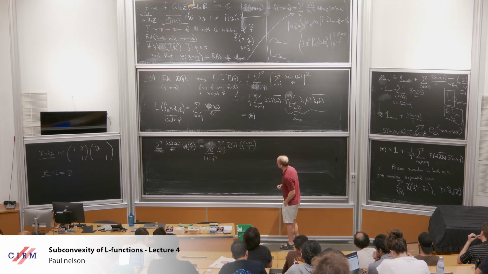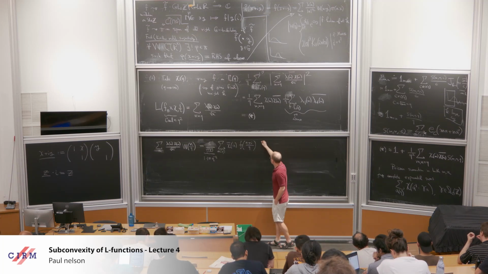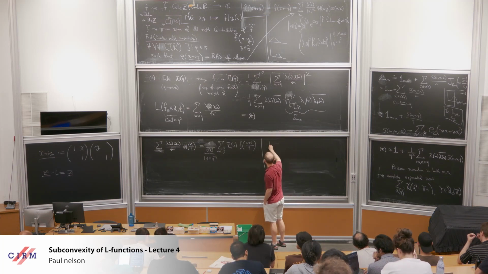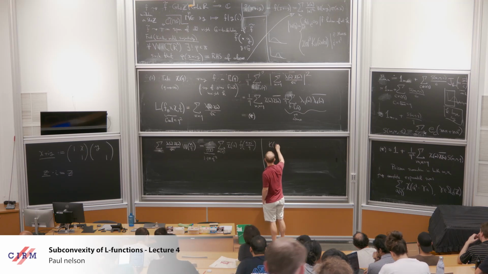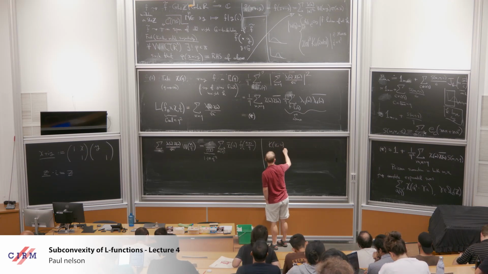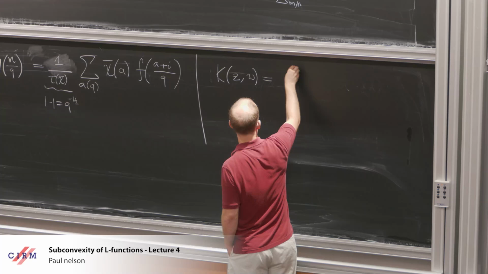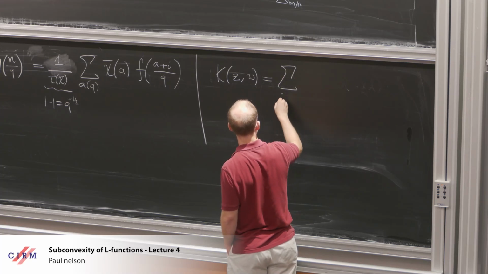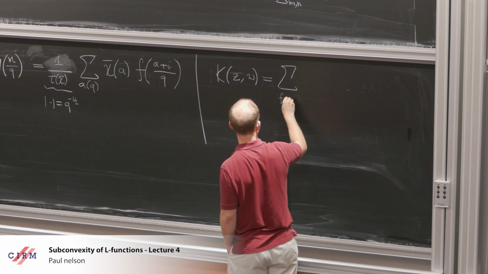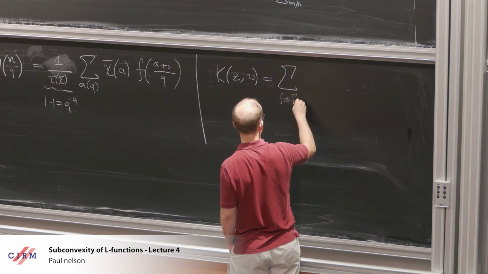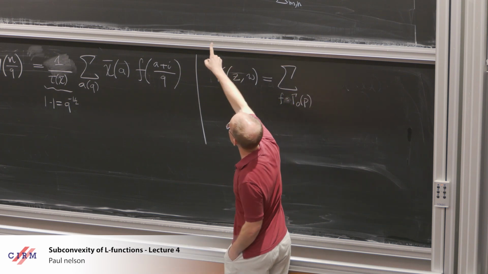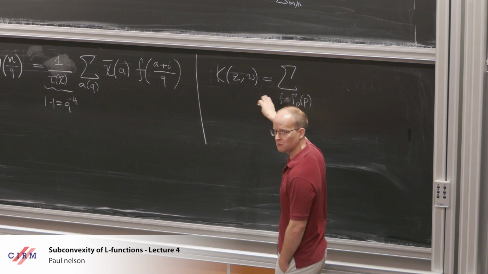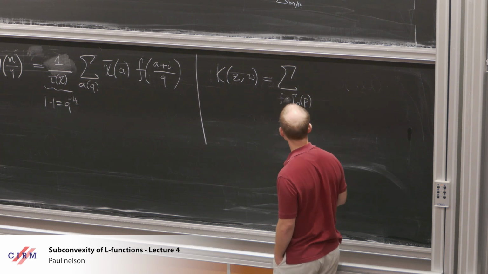You can continue to analyze this moment using this formula by introducing a kernel function, which I'll call k(z,w), which is basically the sum over all f on gamma naught of p, in the same sense as above where you fix the weight, but I won't write that here for clarity.